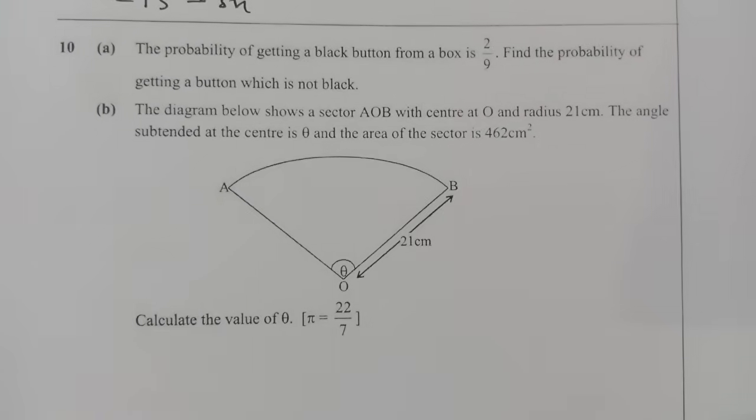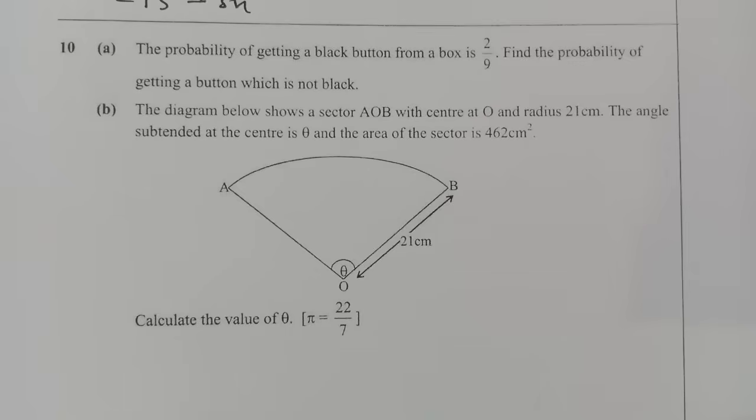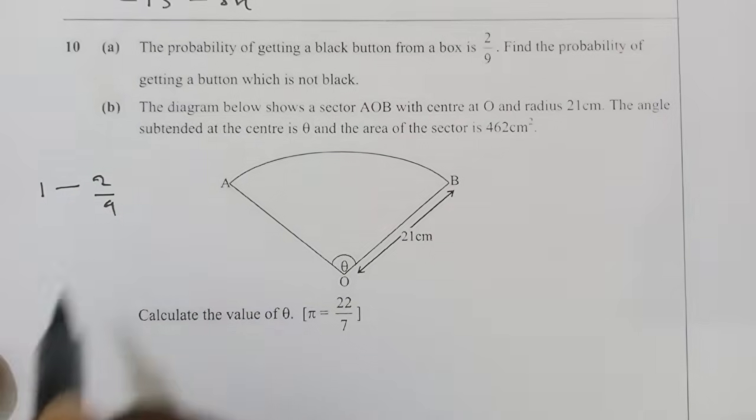The next question says the probability of getting a black button from a box is 2 over 9. Find the probability of getting a button which is not black. So we'll just say 1 minus 2 over 9.